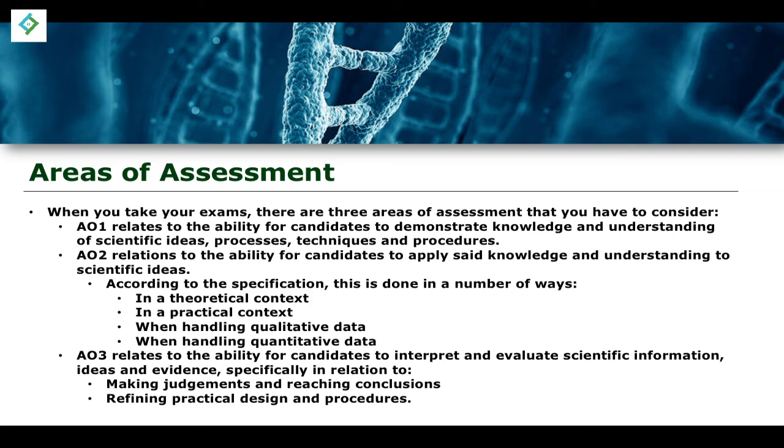And like I've said, they are quite broad, they're quite vague in some instances, but it gives you an understanding of not just being able to have knowledge and understanding of the biology that you are going to be studying, but to also be able to apply that knowledge from a theoretical perspective, to apply that knowledge in a practical context, and to apply that knowledge when interpreting and handling different kinds of data.